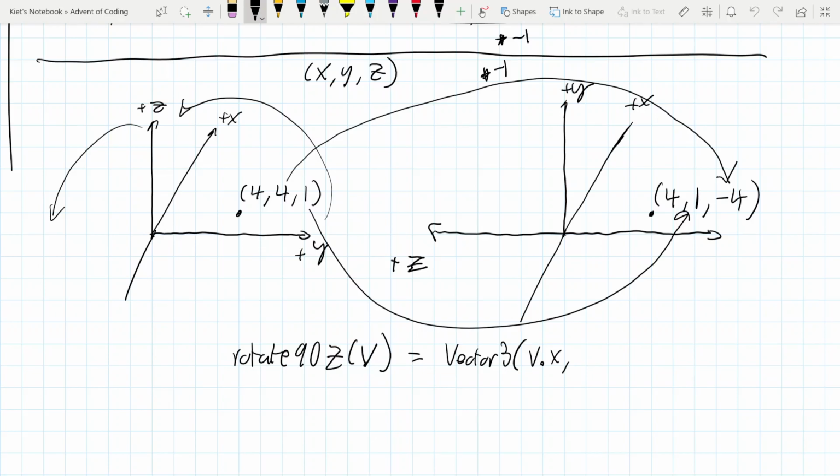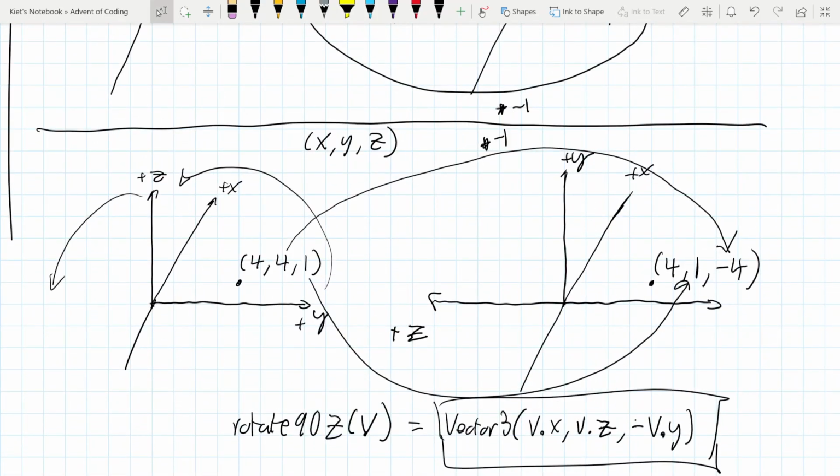Then let's see what happened. So the v dot z becomes the new y. And then for the new z, it was the negative v dot y. So that's how I came up with this here.